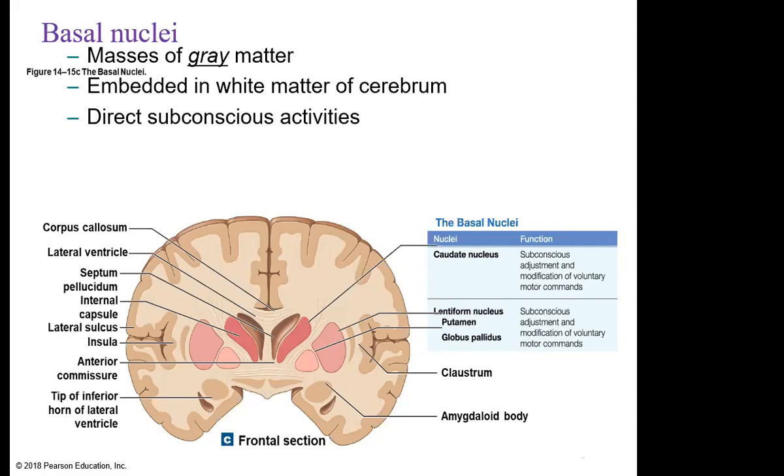And then whenever I go to set the cup down, I don't need to do this, right? That's unnecessary. So basal nuclei is going to allow me to gently set it on the table so that I have that normal motor movement and I don't scare people thinking that there's a gunshot going off, right? So our basal nuclei is all subconscious modification.